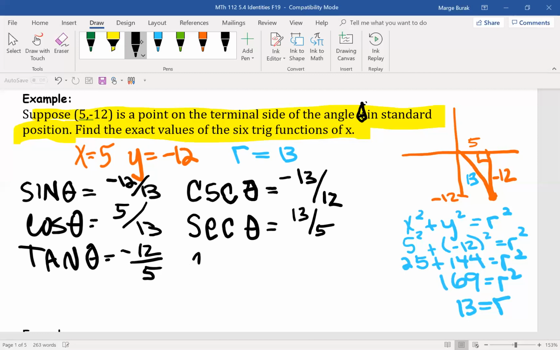And then the cotangent, that's easy to remember because it has tangent in the word, and that's going to be -5 over 12. So there are the 6 exact values. Exact meaning we didn't divide them out and get decimals and round them off.